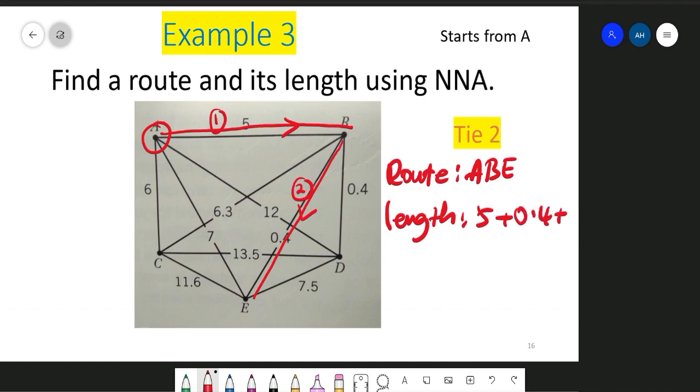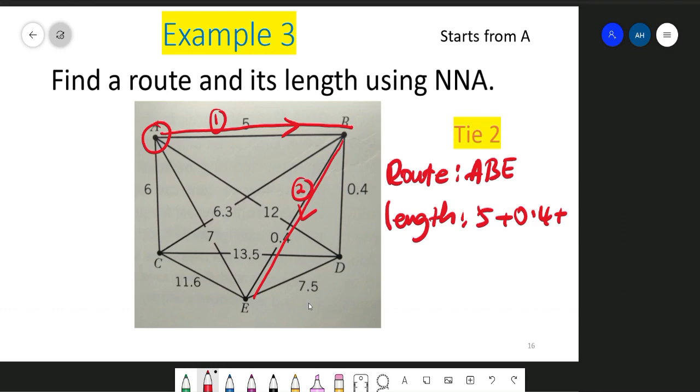All right. Now at E we have 7.5, and we cannot go from E to A yet because that's returning to the original vertex. From E to C we have 11.6, so we have two choices, either 7.5 or 11.6.